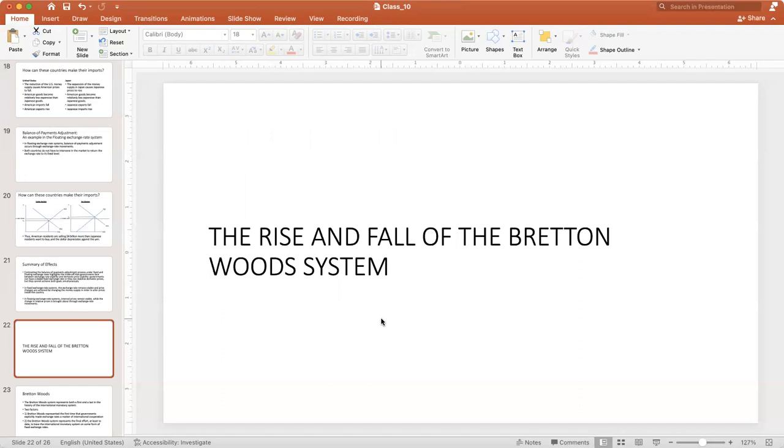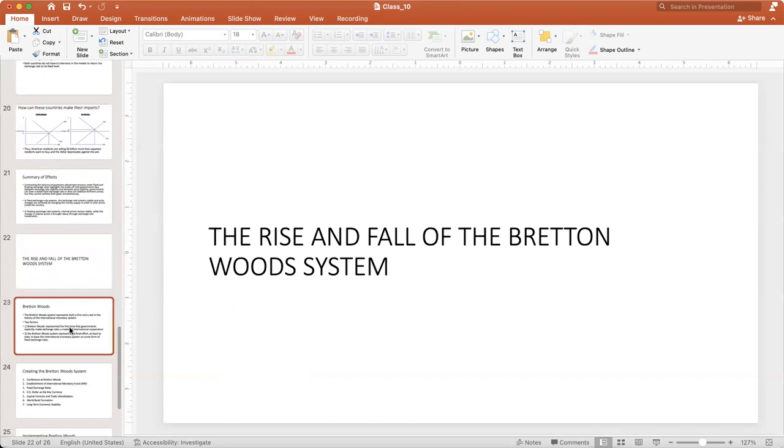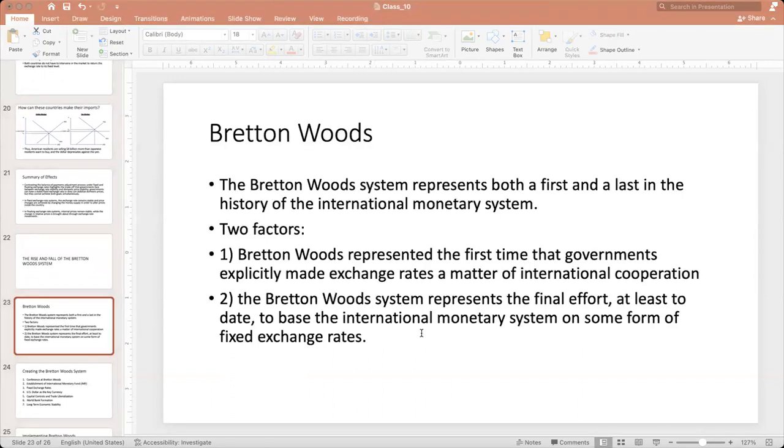To explain the international monetary system, we're going to focus on the Bretton Woods system. So I want to discuss the importance and necessity of the Bretton Woods system, a monumental milestone in the history of the international monetary system. The Bretton Woods system marked not only a first, but also a last in the evolution of global financial cooperation.